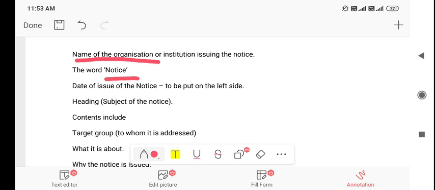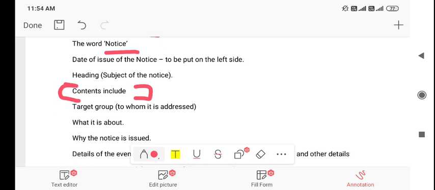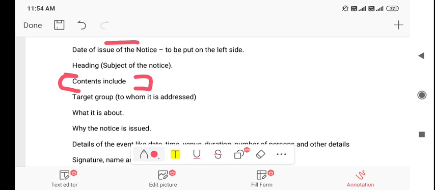Then we have to write the date of issue, heading, subject, content. Then in the content part we have to write the main information for which we have written the notice. Then the targeted group for which the notice has been addressed. For example, a debate competition is going to be conducted in your Vidyalaya, and the debate is only for class 9 students.